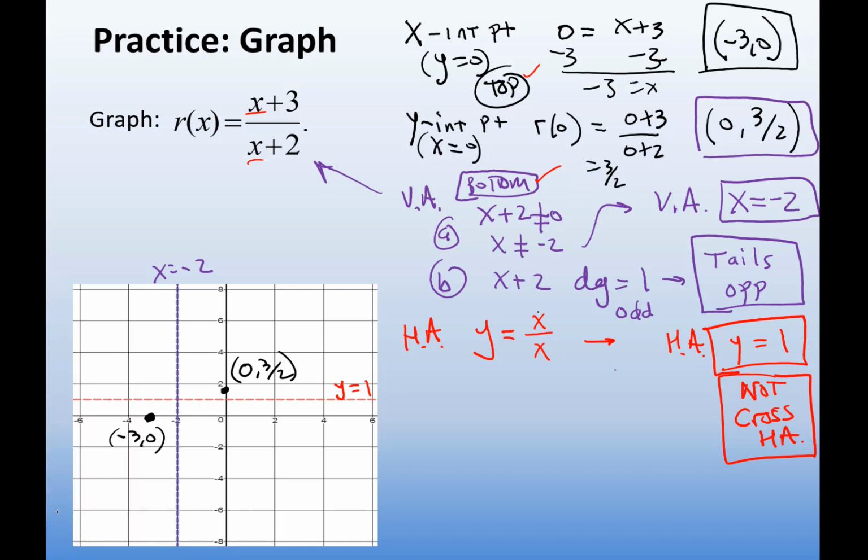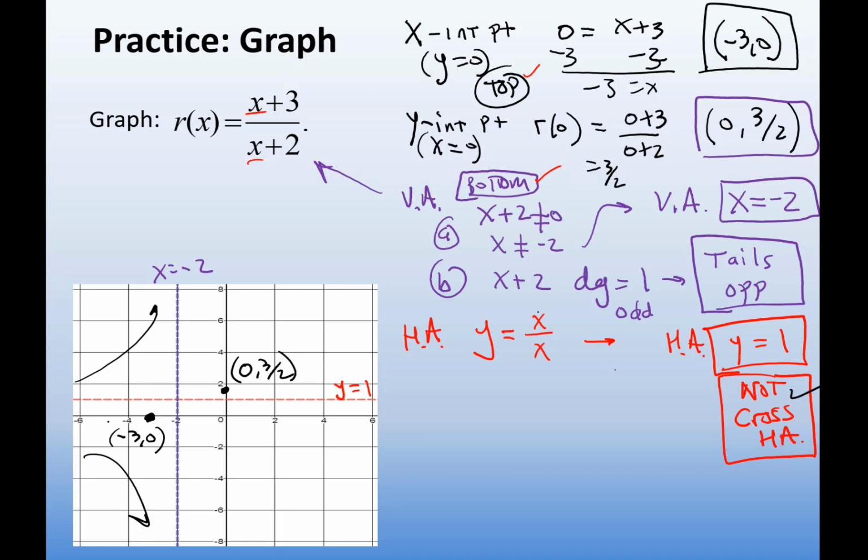All right, I can have a tail on the top branch here or the bottom branch here, or I could have one that theoretically crosses. But wait, we just discovered that it doesn't cross. So no branch is going to cross the horizontal asymptote. Now sometimes that does happen, but not in this graph.